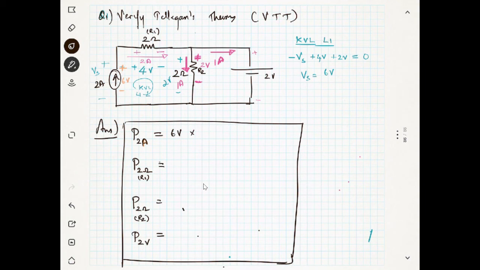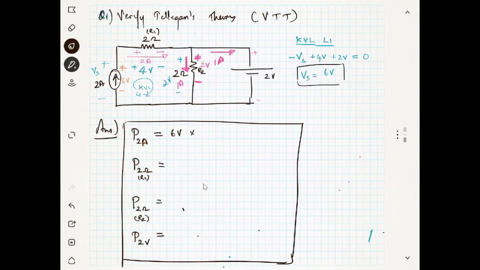Or just apply the KVL to the outer loop. No, don't apply the Kirchhoff law like that. Okay, you can apply it like that also, no problem. Usually we will assume the mesh. Mesh analysis is more comfortable. If we take a loop, then sometimes it may complicate, not in all cases.